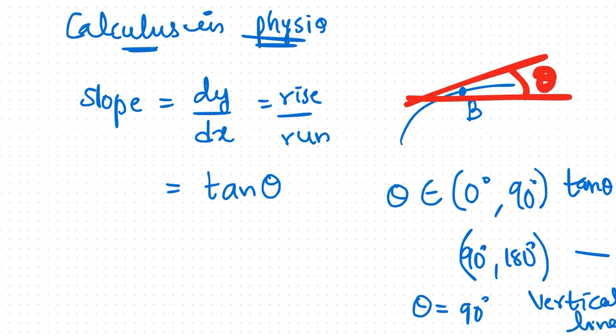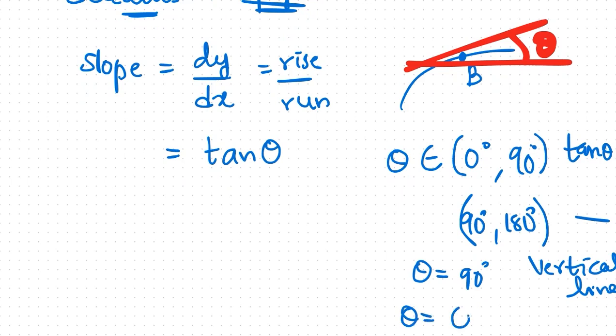Horizontal line, theta is 0, slope is 0. So I'm writing m is 0. Slope starts from 0, and as it approaches 90 degrees, it increases and becomes infinite at 90.